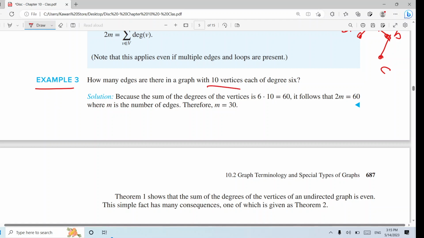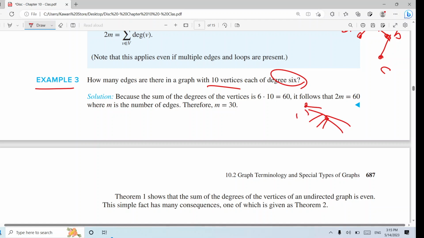We say we have 10 vertices, which means A, B, C, D, E, F, G, H, I, J. Right? Like that, 10 vertices. And each vertex has degree 6. Sorry, not 6 edges. Degree 6 means that A has 1, 2, 3, 4, 5, 6. B has 1, 2, like that.